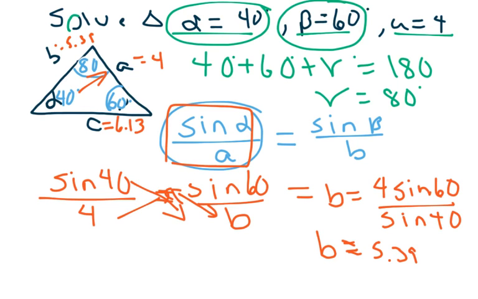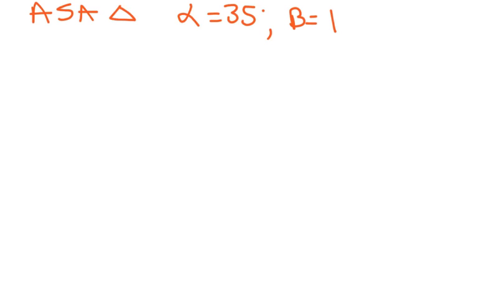Okay, the next one we're going to do is very similar, but it's the angle side angle triangle, where we have alpha equals 35, beta equals 15 degrees, and we have C equals 5.